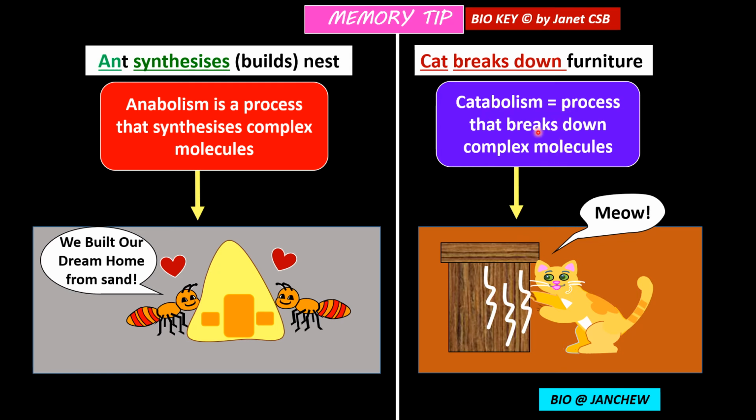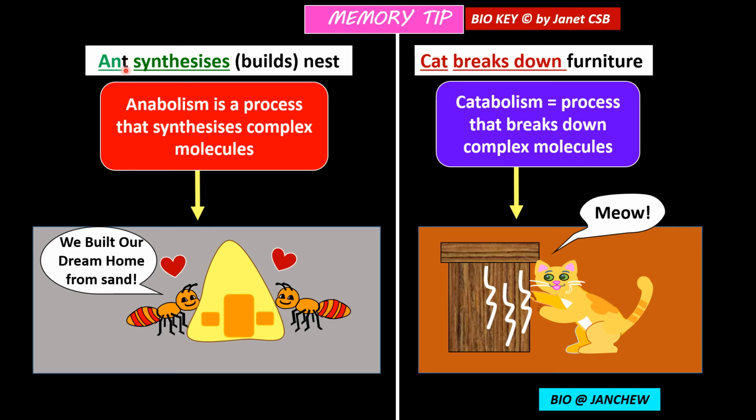Whereas for anabolism, think of ant. So what do ants do? Now ants like to eat the sweet things. So if you find some ants on your table, if you follow the trail, you will find that it leads to an ant nest, right? Ants like to build nests. That's their home.